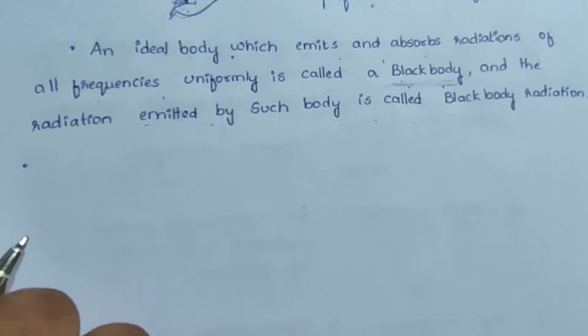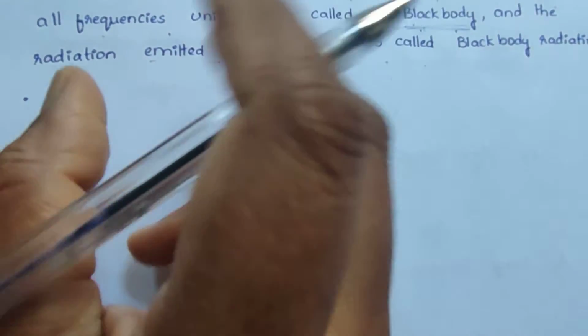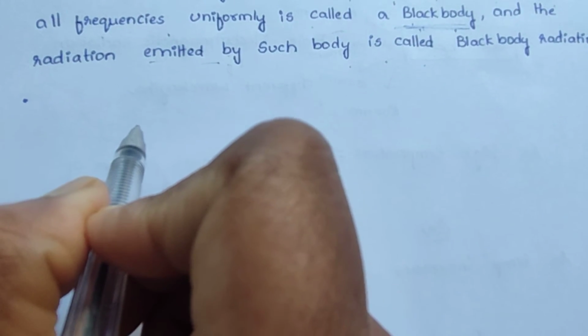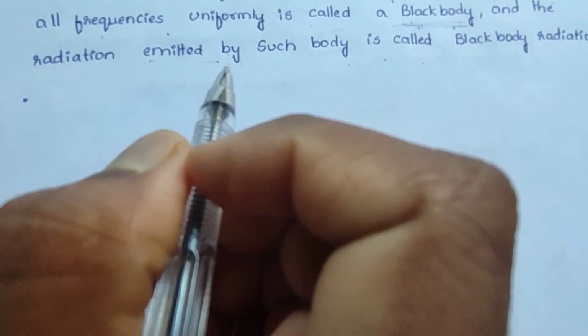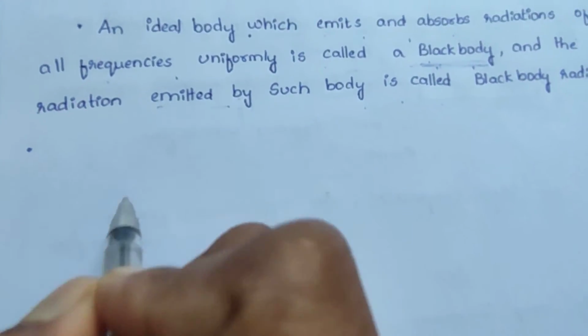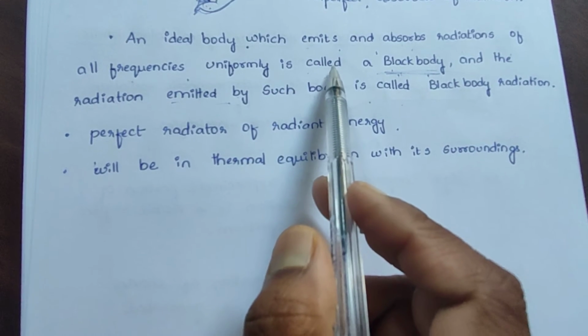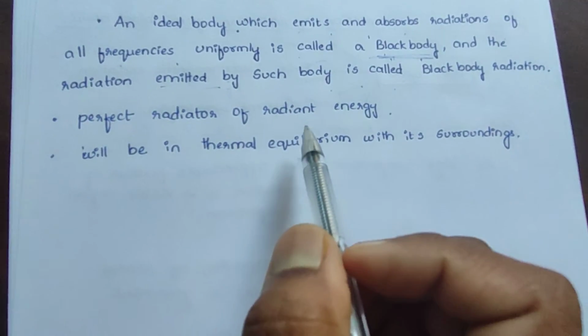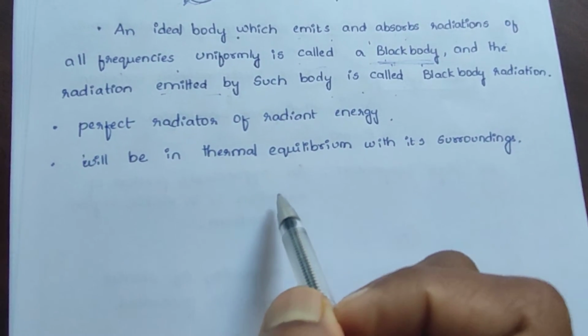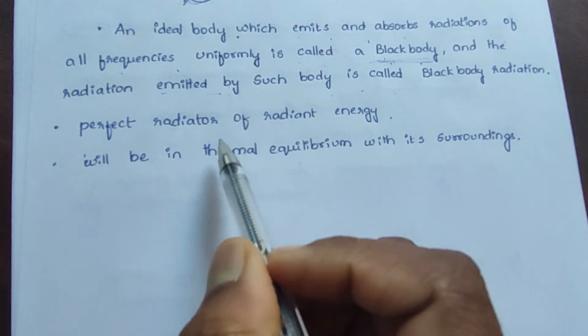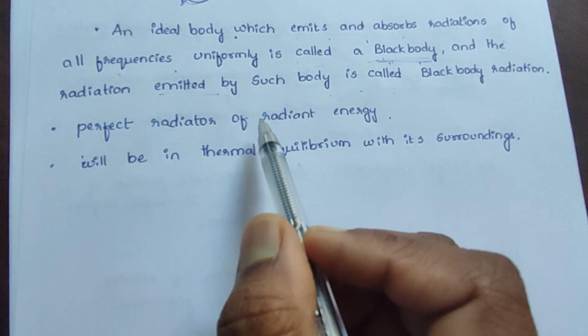So, it is a perfect radiator of radiant energy. A black body absorbs electromagnetic radiation and it emits electromagnetic radiation.